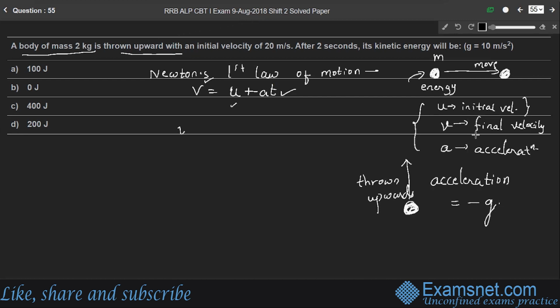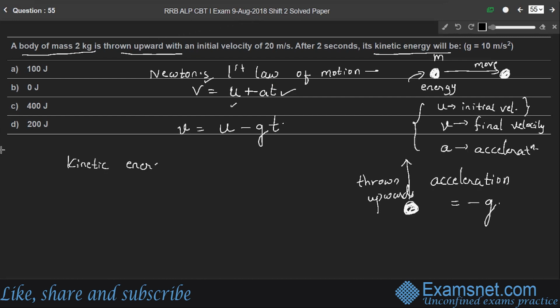Therefore, final velocity v is taken as initial velocity u minus g into t. Here the question is, what will its kinetic energy be? To find the kinetic energy of a body, we use the formula half mv square.